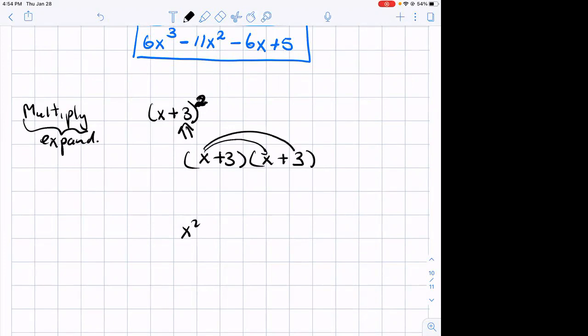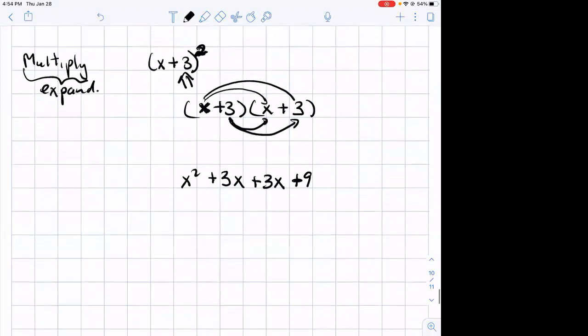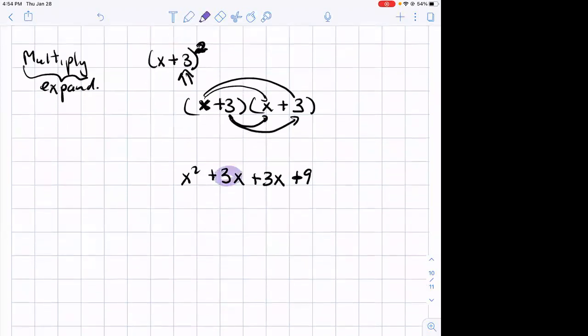X times 3 becomes plus 3x. There's nothing to distribute this x to, so now we distribute the 3. 3 times x is 3x. And 3 times 3 is 9. Combine like terms that we have in the middle. We have x squared plus 3x plus 3x is 6x plus 9.